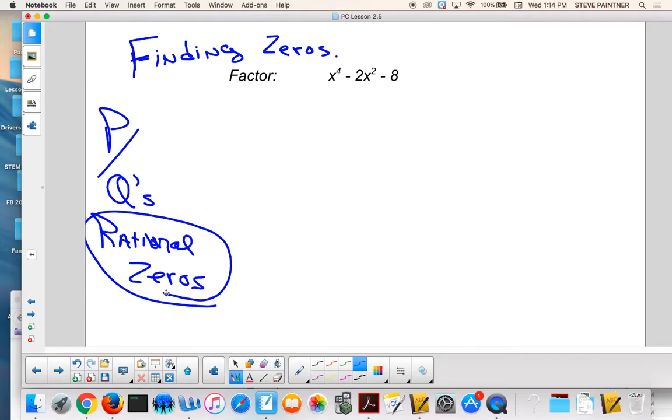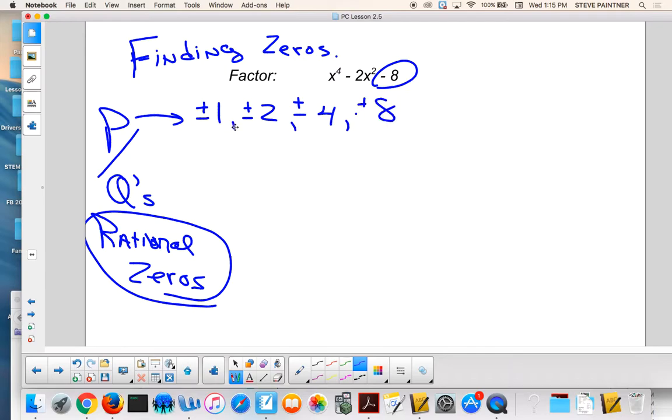Get your homework done. Okay, P's over Q's. What were the P's? Factors of the constant. So factors of the constant are right here: 2, 4, 8.